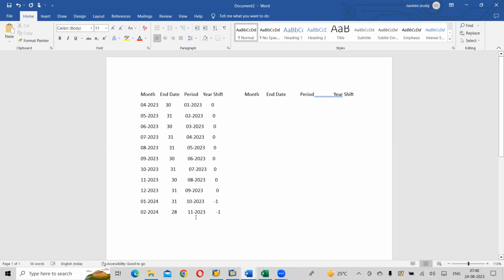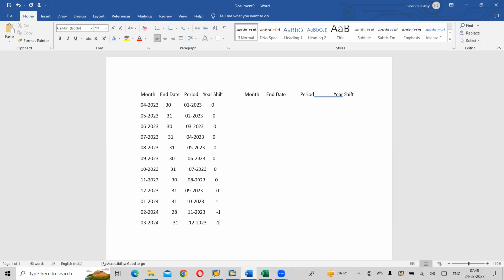Which fiscal year is this? 23, same. March 2024, we are in March 2024 calendar year. Here it is 31 days, so it will become my 12th period of 2023. Then what is this one? -1.